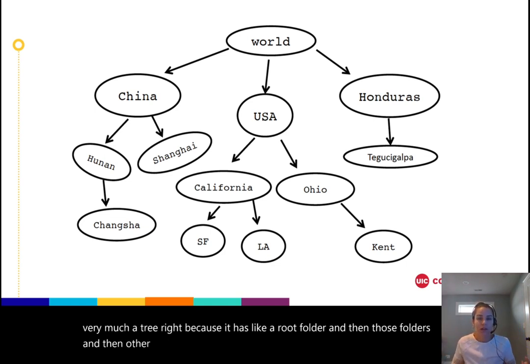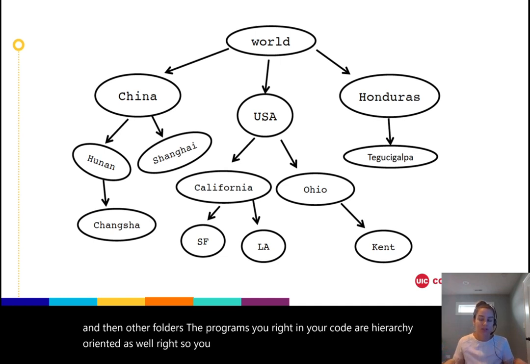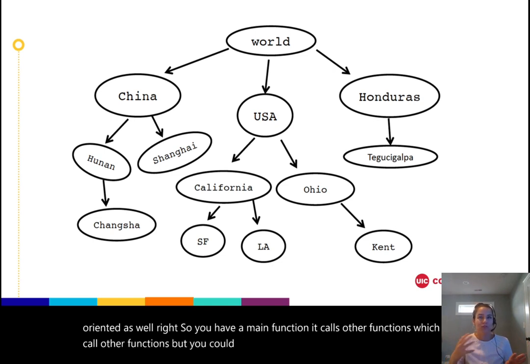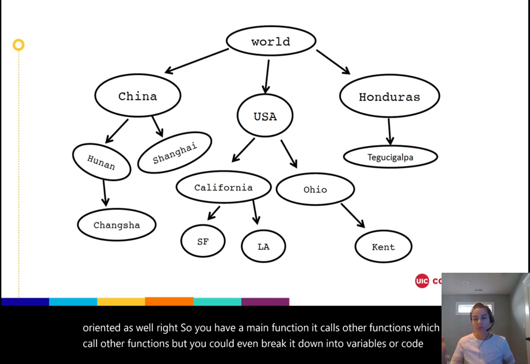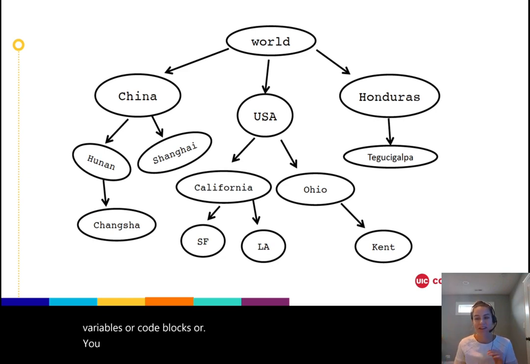The programs you write in your code are hierarchy oriented as well, right? So you have a main function, it calls other functions, which call other functions, but you could even break it down into variables or code blocks, or kind of the sky's the limit.